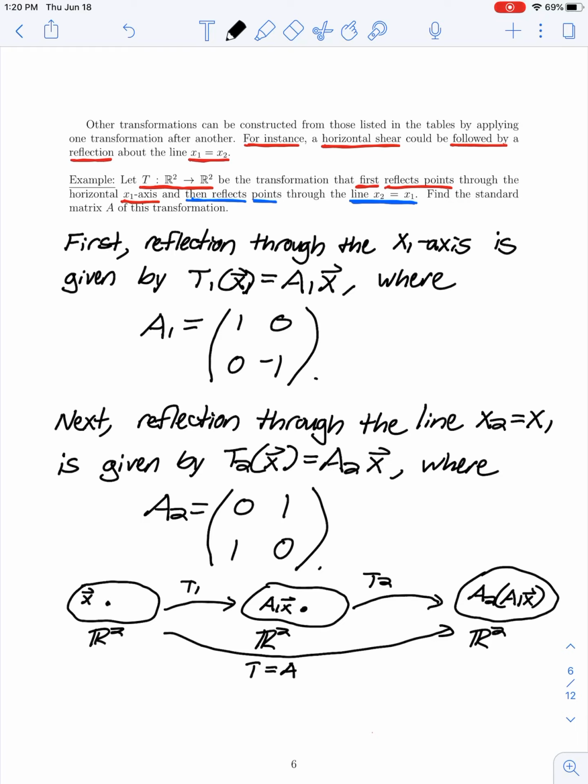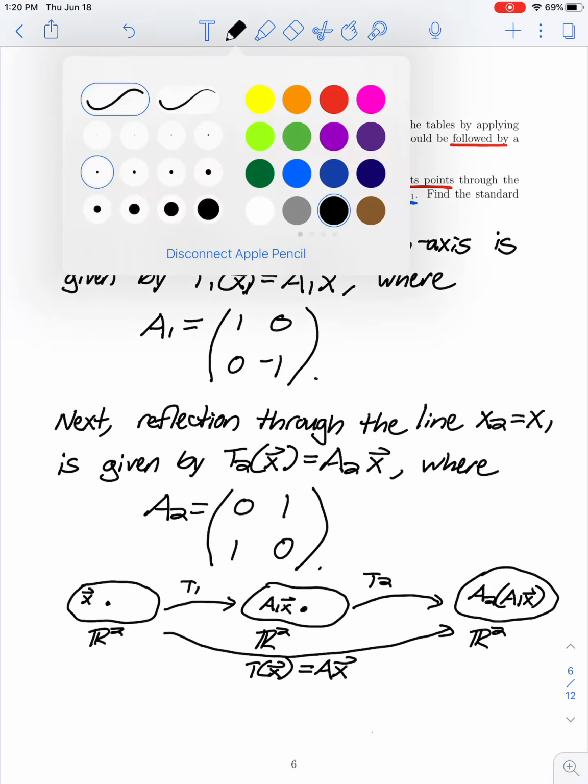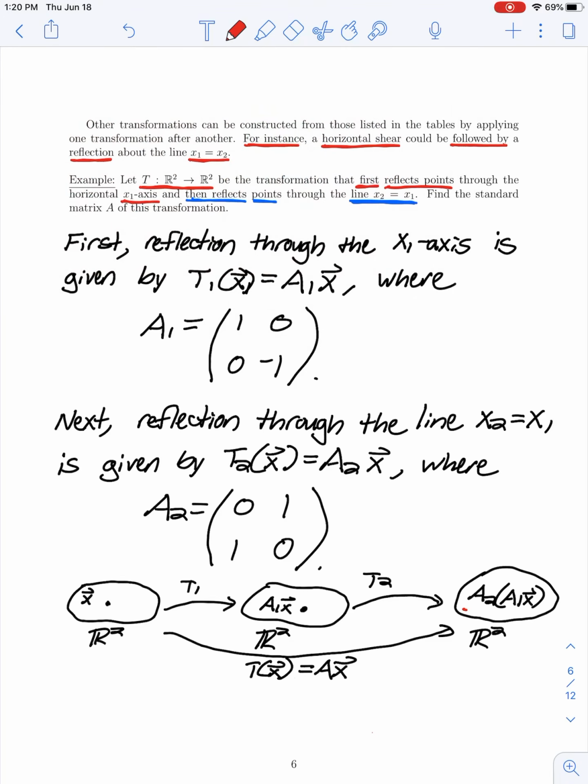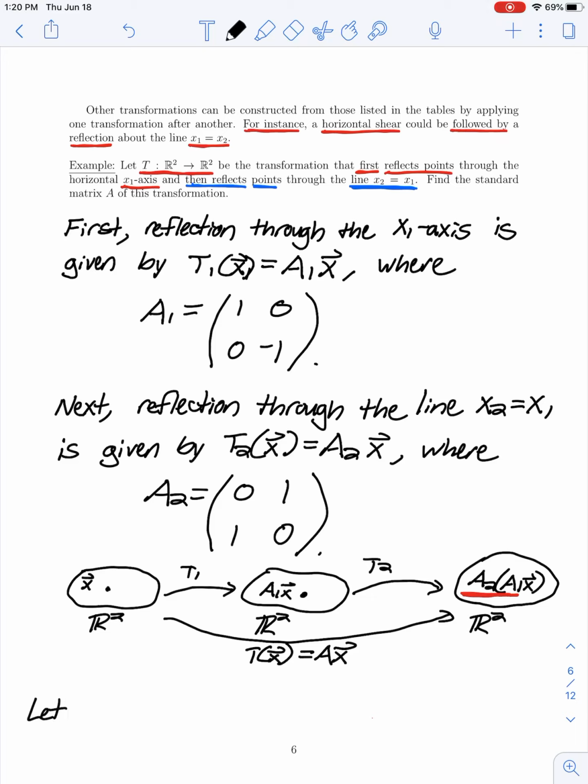The transformation that I want is the transformation T, which is given by, let's call this T of x, which is a matrix transformation, A of x. And I need the matrix A which accomplishes this. So the matrix that performs both operations at once, we see here, is the matrix A2 times A1. We're applying that to this vector x. So here we're going to let the matrix A that we're interested in equal A2 times A1.